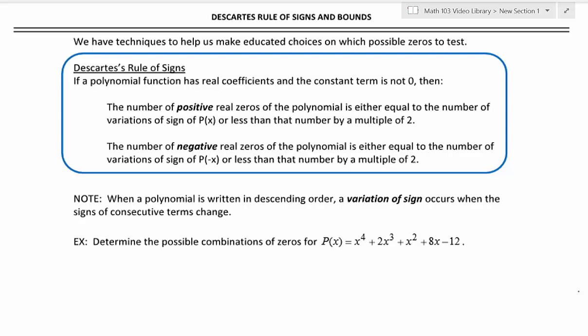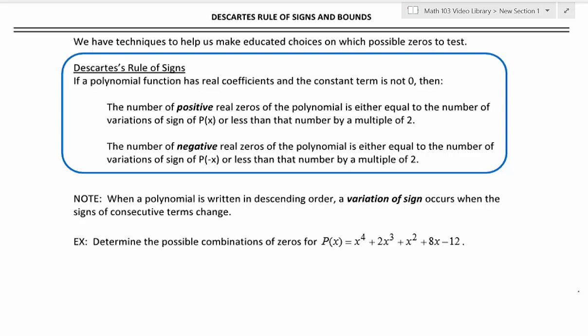So the first technique is Descartes' rule of signs. Descartes' rule of signs says if a polynomial function has real coefficients and the constant term is not zero, then the number of positive real zeros of the polynomial is either equal to the number of sign variations in p of x or less than that by a multiple of 2.